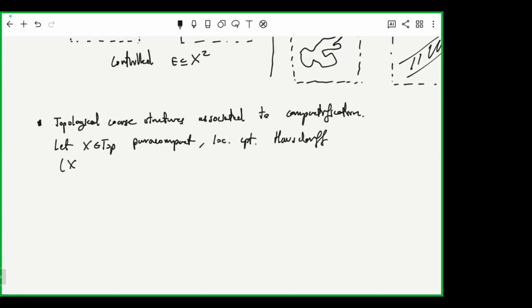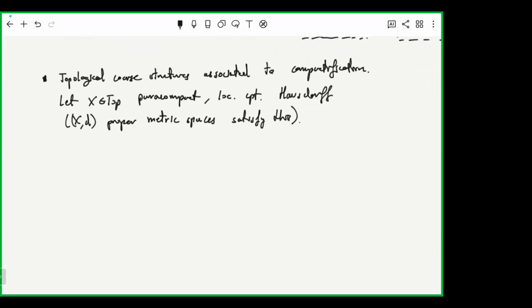Note that this is very general. For example, every metric space, every proper metric space satisfies these assumptions. So by a compactification, what I mean is the following data.